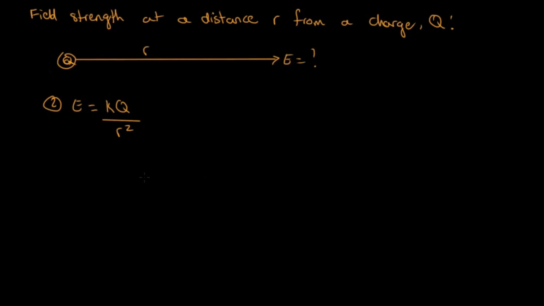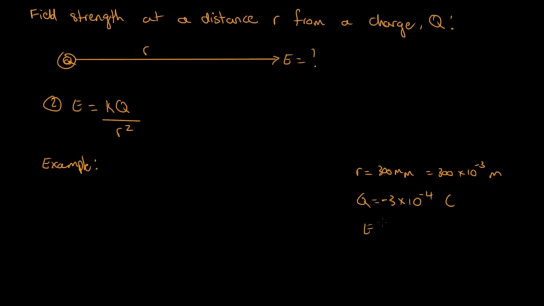Let's say, for example, I need to determine the electric field strength E at a point which is 300 millimeters, which is 300 times 10 to the minus 3 meters, from a point charge Q, which is negative 3 times 10 to the minus 4 coulombs.